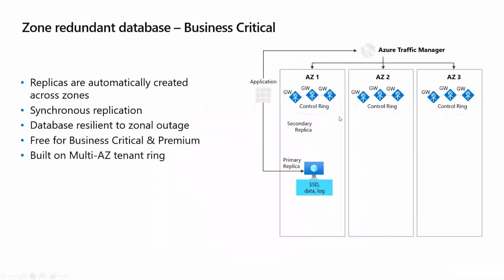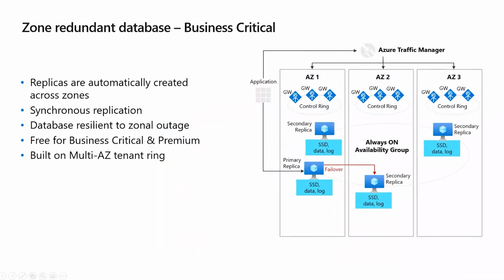Now, we also have some redundancy. In the example we mentioned before, you deploy business critical, you deploy this primary and 3 more replicas. And I'm showing here in this slide how we place these replicas. As you can see, we have availability zones in Azure.